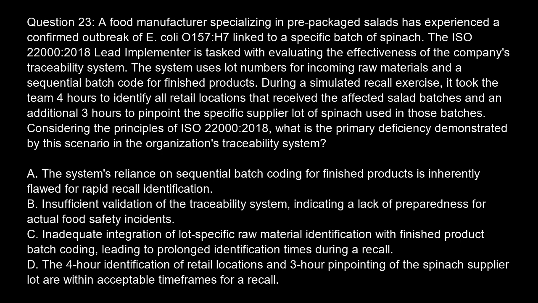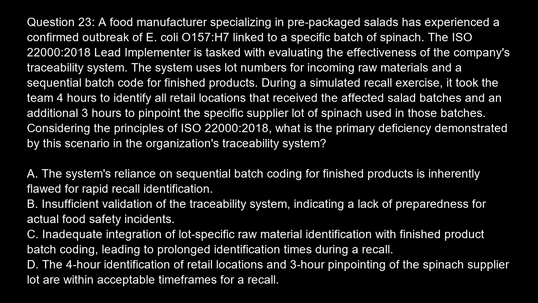Considering the principles of ISO 22000-2018, what is the primary deficiency demonstrated by this scenario in the organization's traceability system? Option A. The system's reliance on sequential batch coding for finished products is inherently flawed for rapid recall identification. Option B. Insufficient validation of the traceability system, indicating a lack of preparedness for actual food safety incidents.